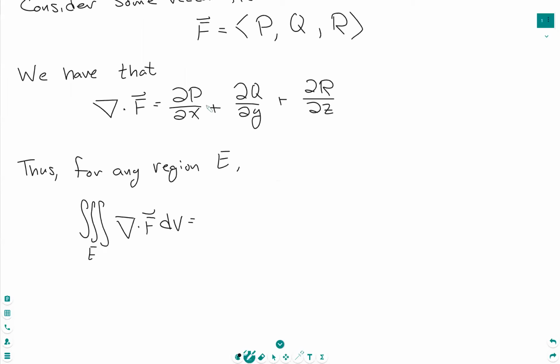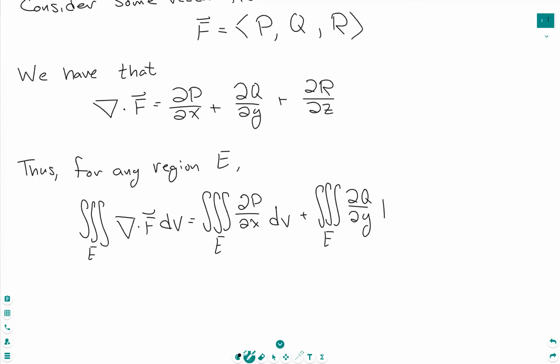What we could do is, because this is now a sum, and the integral is a linear operator, we can write this as the triple integral of partial P partial x dV plus the triple integral over E of partial Q partial y dV plus our triple integral over E of partial R partial z dV.